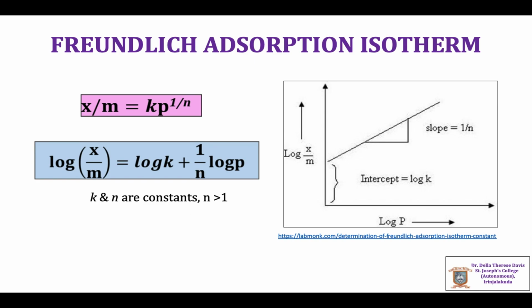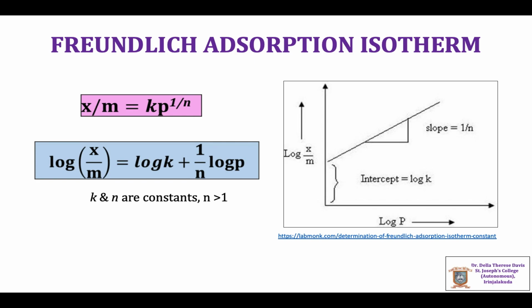This equation x by m is equal to k p raised to 1 by n can be written in different forms. Upon taking logarithm on both sides, we get LHS is equal to log x by m. RHS is equal to k p raised to 1 by n.